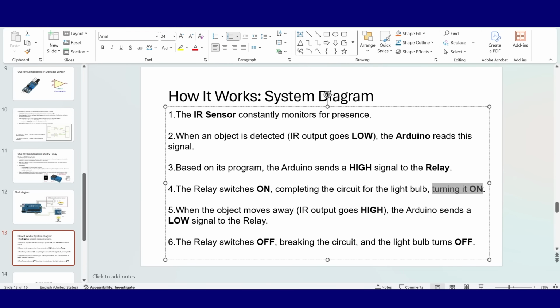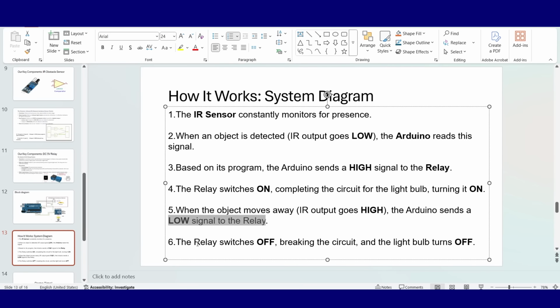Suppose the object is not detected, suppose the object moves away from the sensor, then our IR obstacle sensor gives a high output to the Arduino board. The Arduino board reads this high output from the sensor and sends a low signal to the relay. Whenever the low signal is sent, the relay switches off, breaking the circuit.